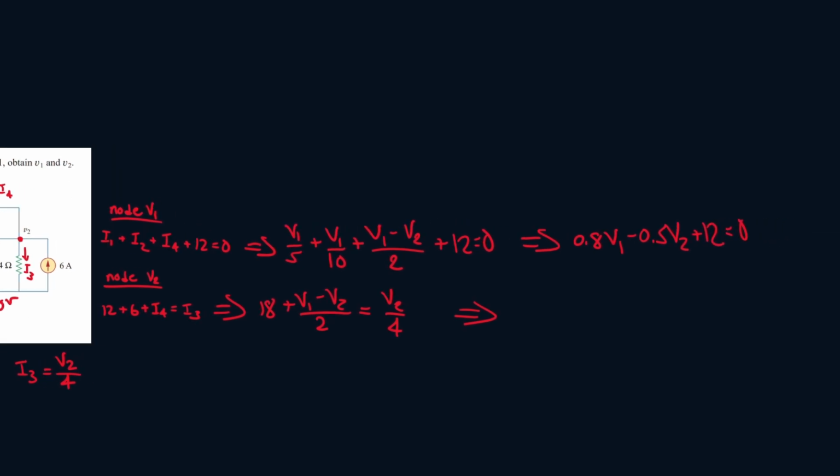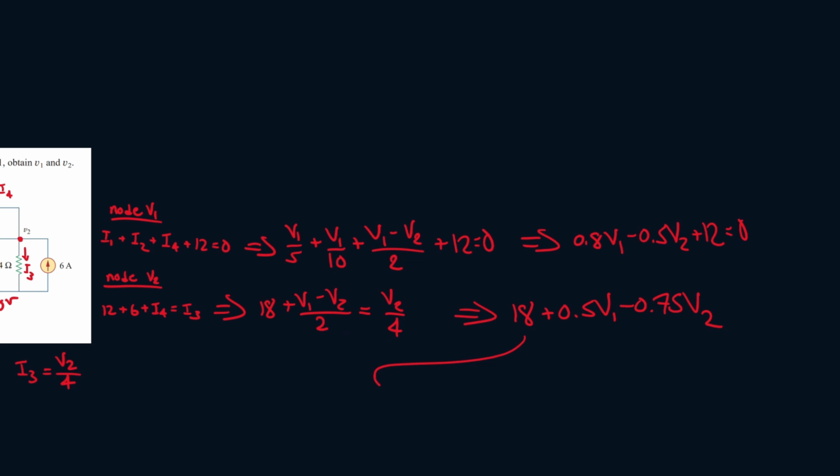And then for the second one, it's 18 plus V1 over 2, so it'll be plus 0.5 V1, because V1 over 2 is 0.5 V1. And then we have minus V2 over 2, and then let's bring this V2 over 4 to the other side. So it'll be minus V2 over 2 minus V2 over 4, and that's minus 0.75 V2.